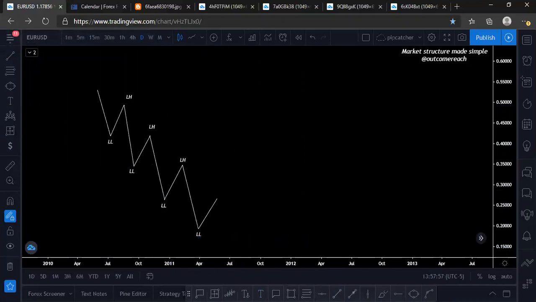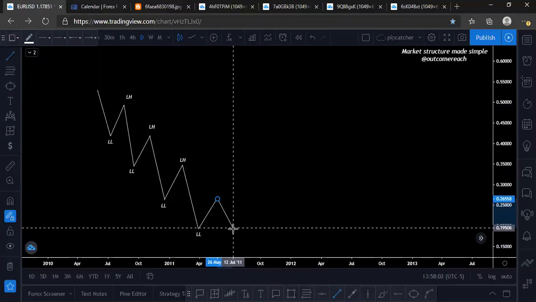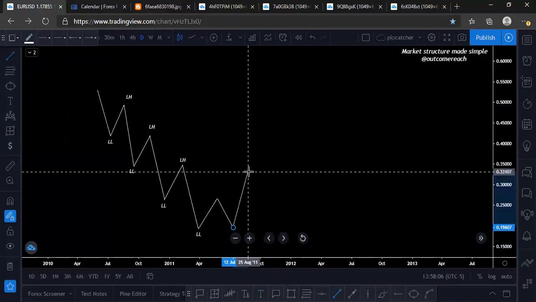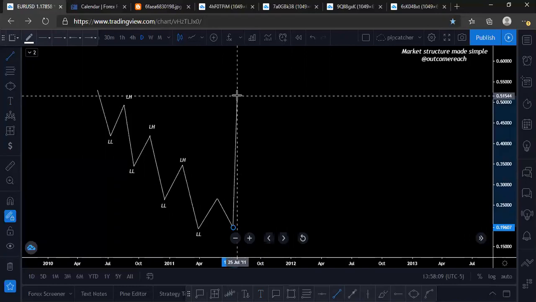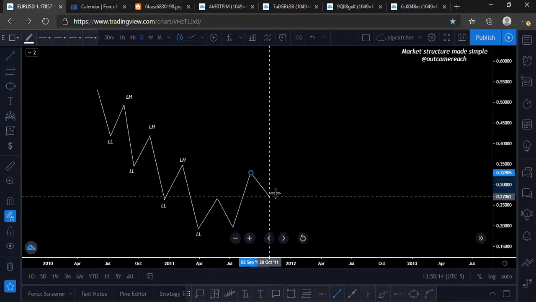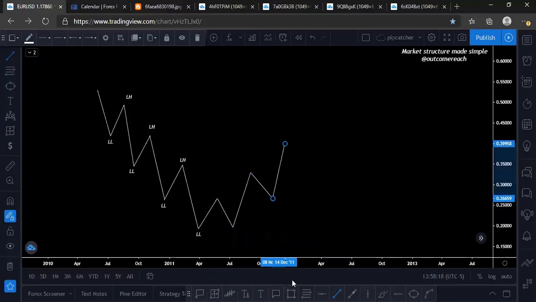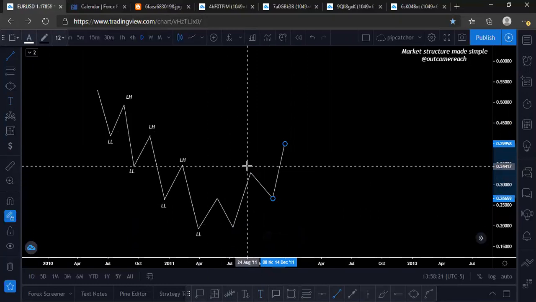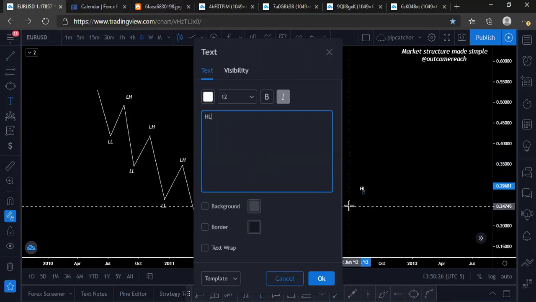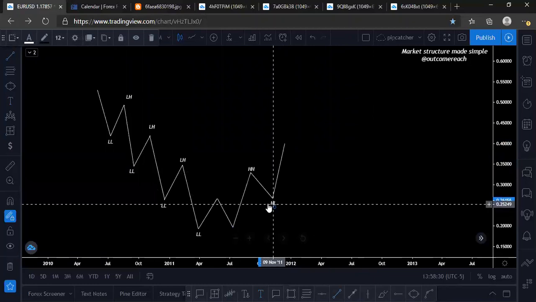Now, you might see a consolidation phase or some type of retail pattern maybe at the bottom or top of structure, depending on if it's an uptrend or downtrend. And then we get this break in structure here, creating a higher high, and then a higher low, and so on.